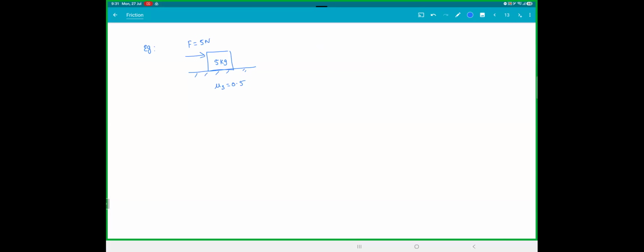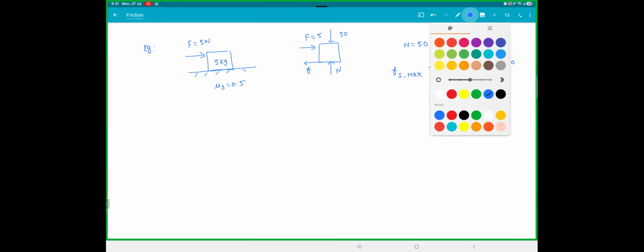Here, if I draw the FBD, this is F is 5 newtons, friction will be backward. This is the normal reaction, and this was 50 newtons. N is 50. Fs max is mu s N. That is true, which is 0.5 into 50, which is 25 newtons.